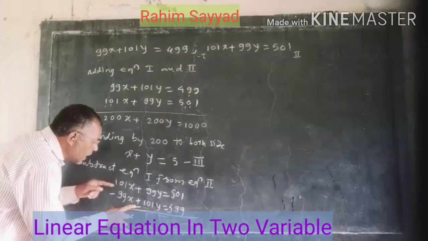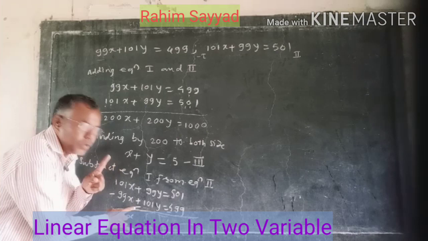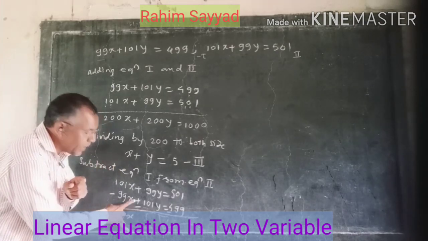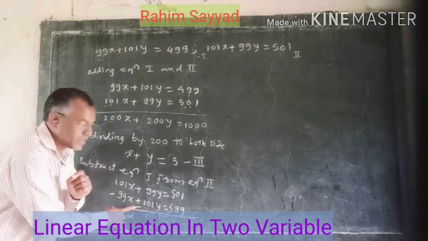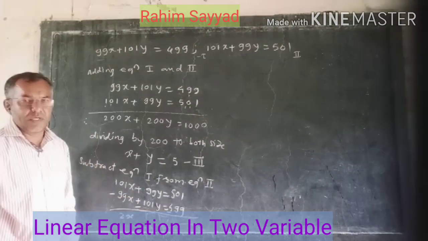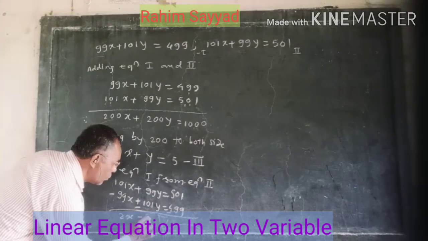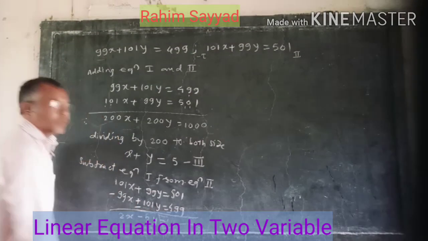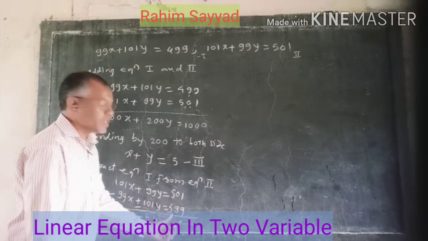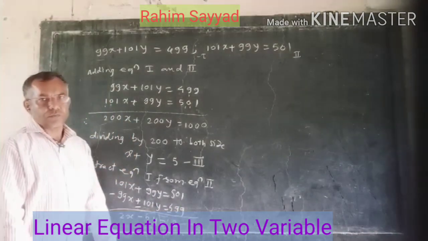Here plus and minus, you have to take the new sign, which is minus. Therefore 99 minus 101 becomes minus 2y is equal to 501 minus 499, that is equal to 2.